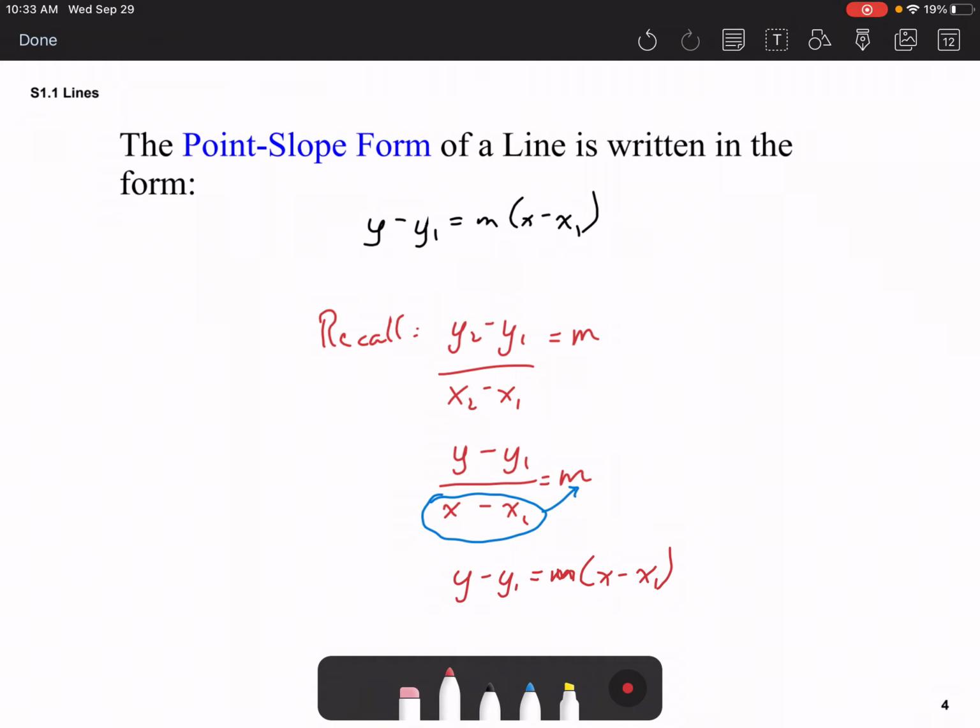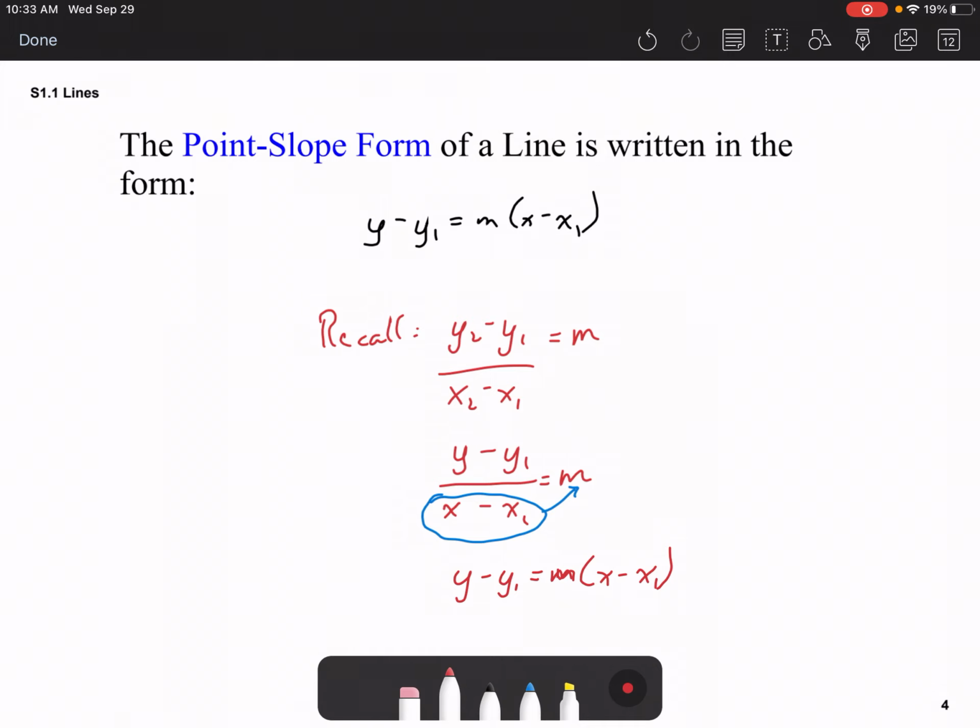Another way of looking at it is you're looking at the slope of a line and translating it based on your x value and your y value, and just not adding the y value to it, you're subtracting it off the left-hand side.